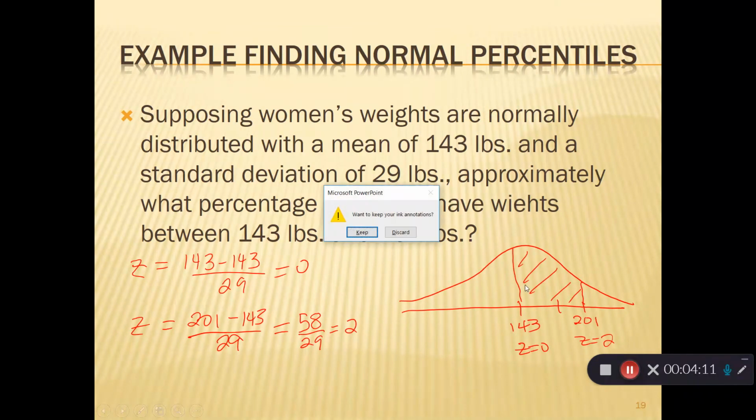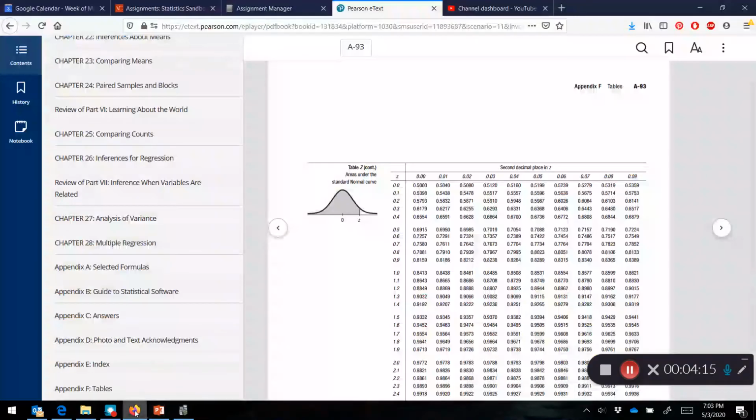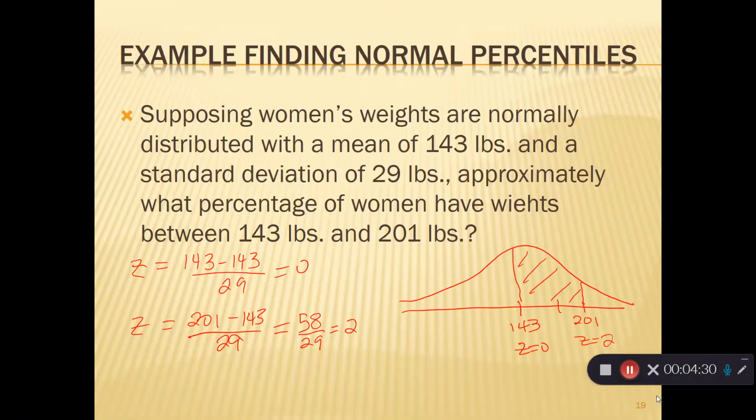So let's go over here to our table, and we're looking at a z-score of 2.0, so that's right here, 0.9772. So 0.9772 is all the area from negative infinity up to here.